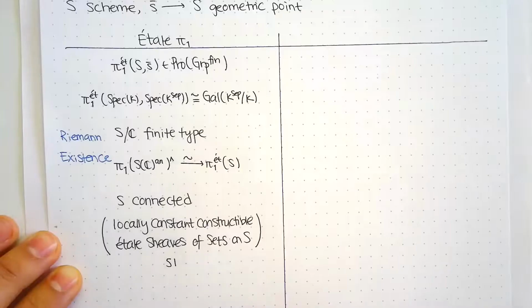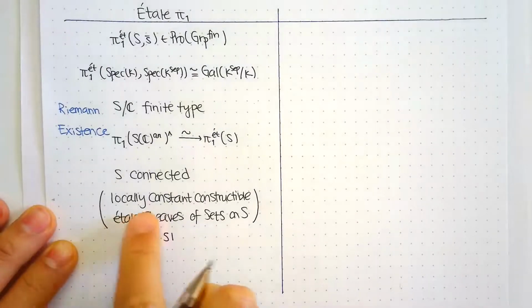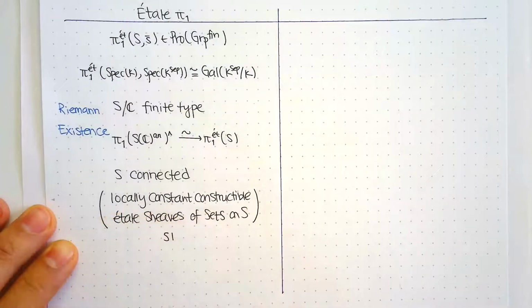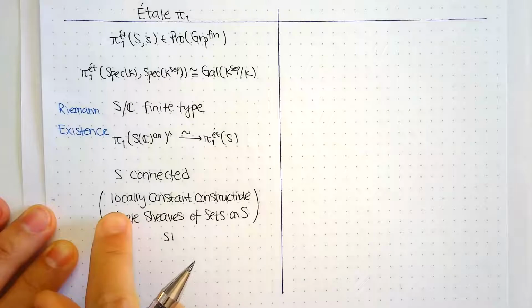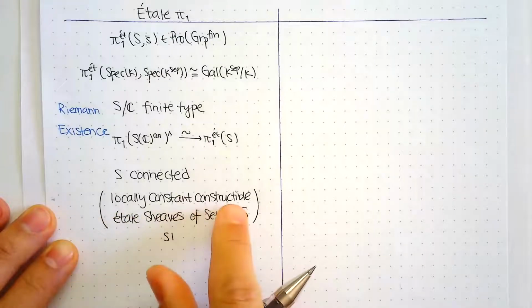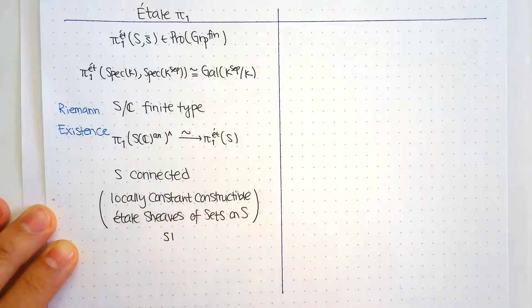So what does this mean? Locally constant constructible means that they're locally constant, and I can choose a cover that only has finitely many elements in it, so that when I trivialize over that cover, it's constant with finite stalks.